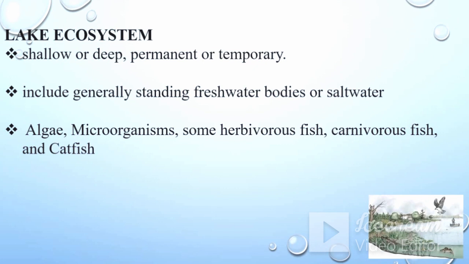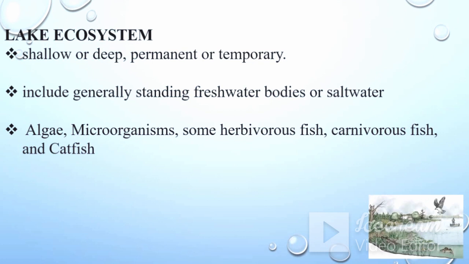Next, lake ecosystem. Lake ecosystems may be shallow or deep, permanent or temporary. They include generally standing freshwater bodies or salt water. The species we can find here are algae, microorganisms, some herbivorous fish, carnivorous fish, and catfish.